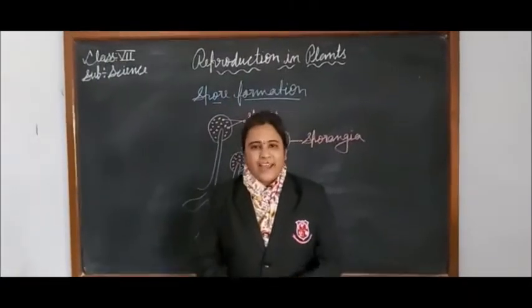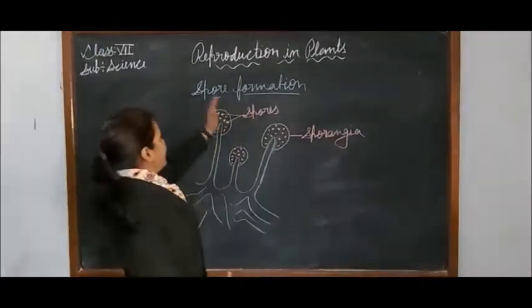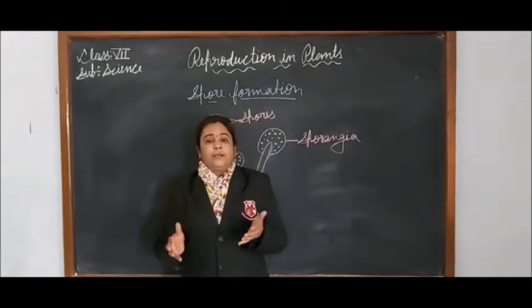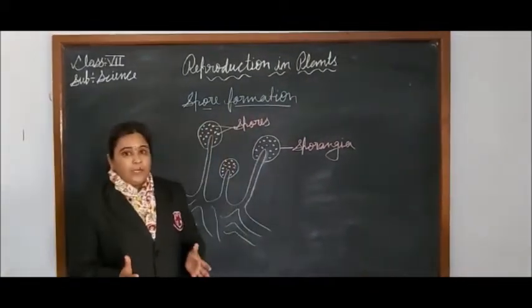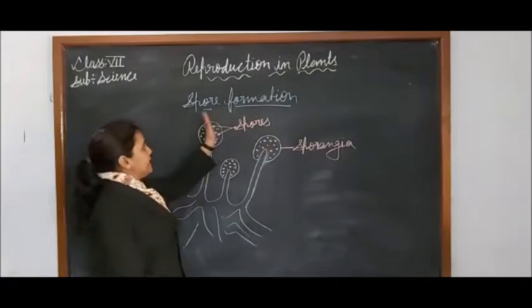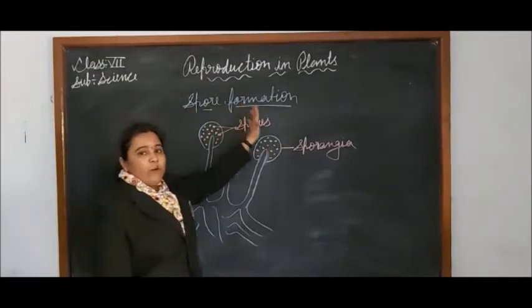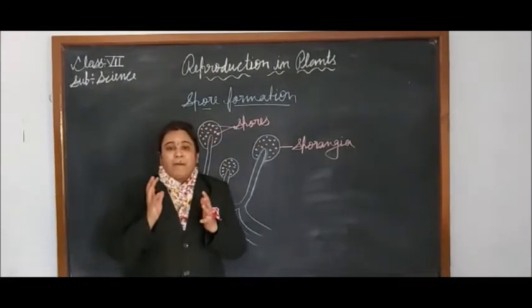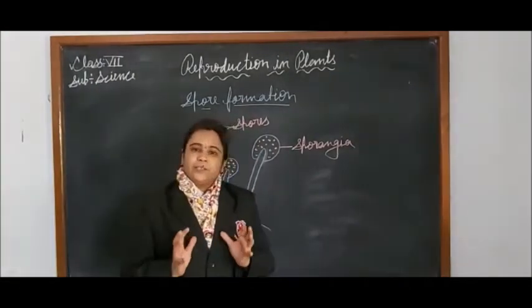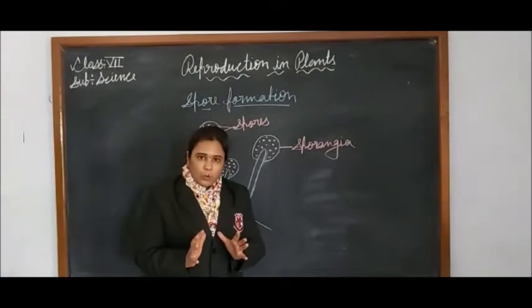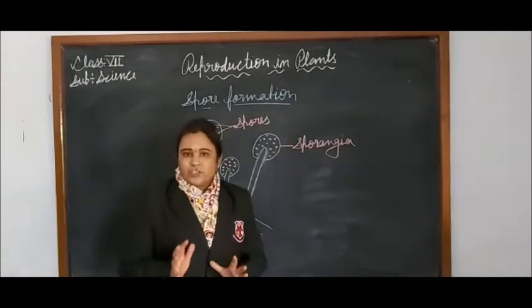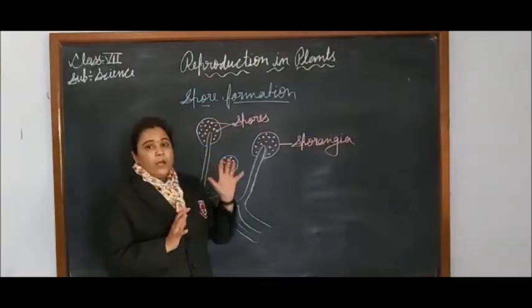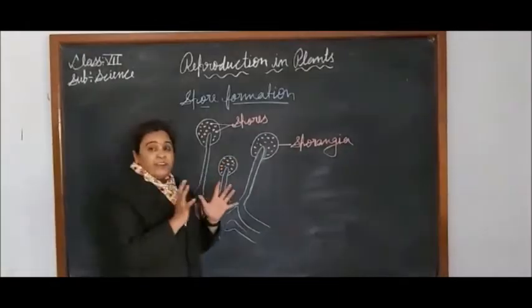Next method is spore formation. Students, some plants like moss and fern multiply by this method. Spores are microscopic single-cell structures.